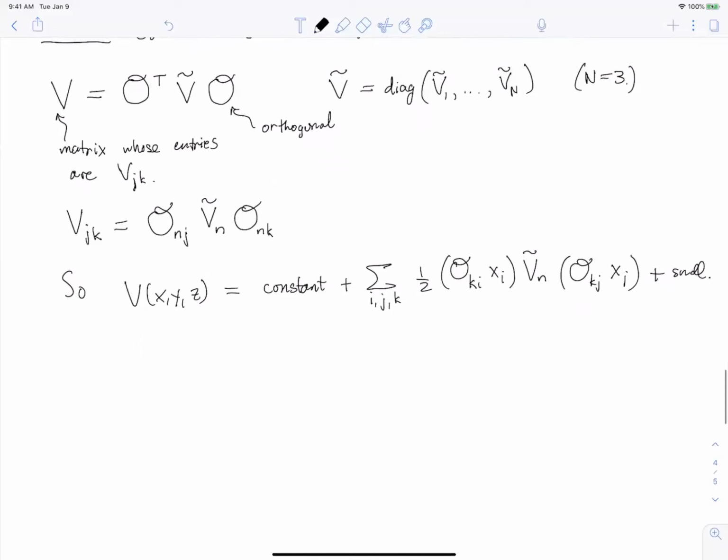Okay, now to make this nicer, what we're going to do is we're going to take this right here and define it to be a new coordinate, which we're going to call x tilde of k.